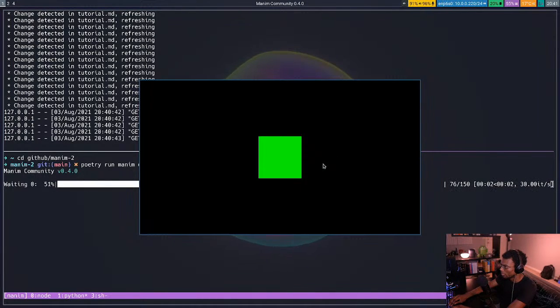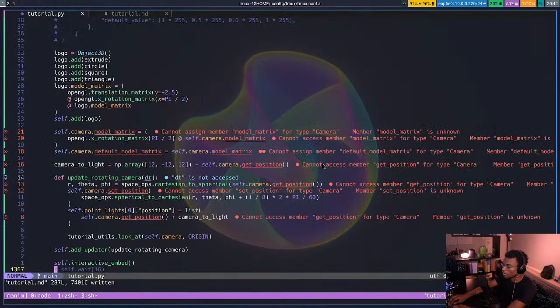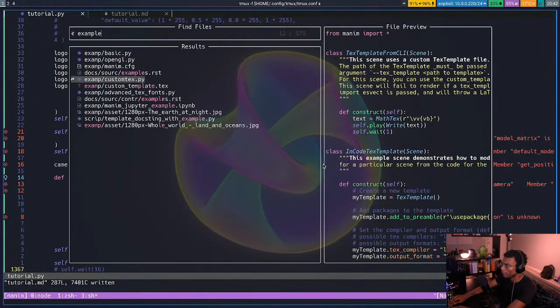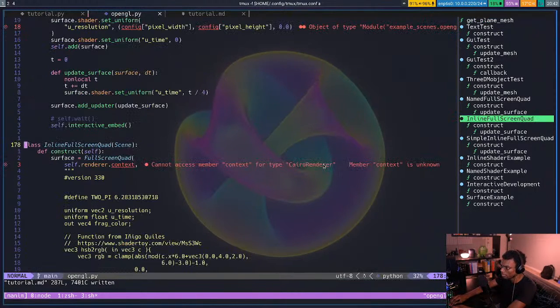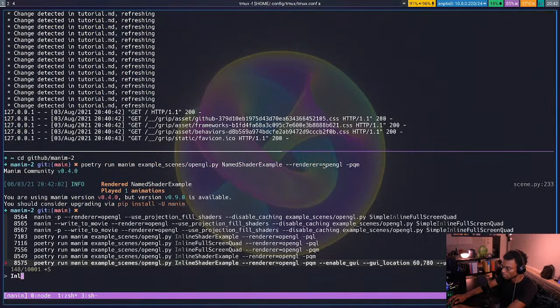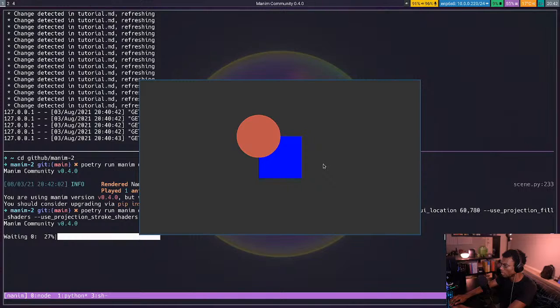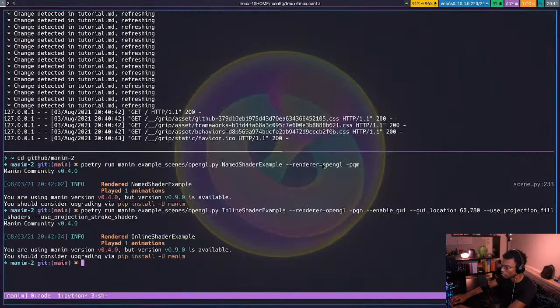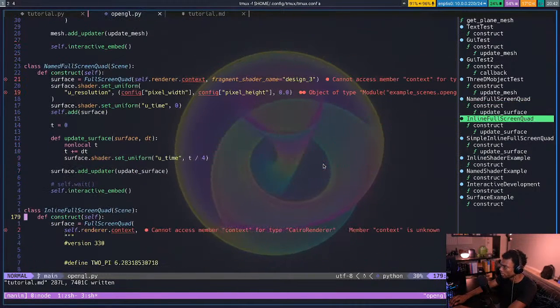Okay, it did, but it's not the one I wanted. Is it inline? I think it's inline. Oh my gosh, that's not the one I wanted either. I want the one with the rotating colors. It must have been, it wasn't named?